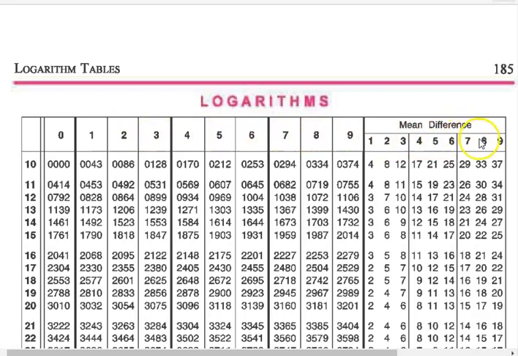These are the mean difference. When you say difference, this is what you have here. So let's go. 17 under 8. You trace it properly. Look at it. We have 2504. 17 under 8 will give us 2504. You write it somewhere.